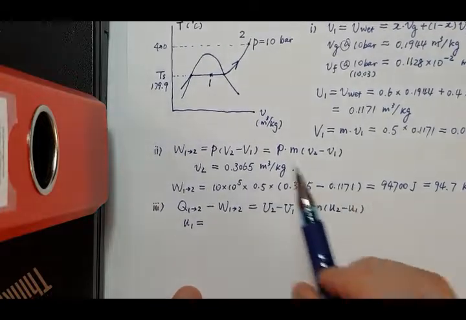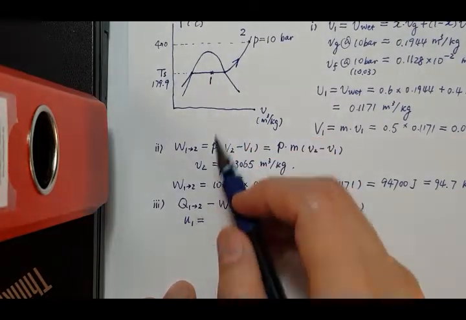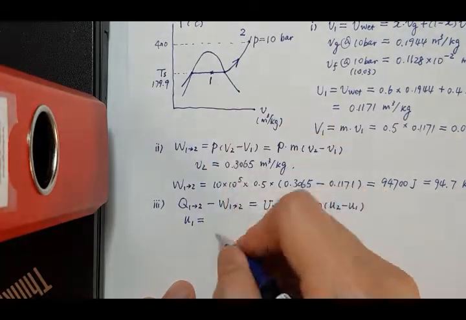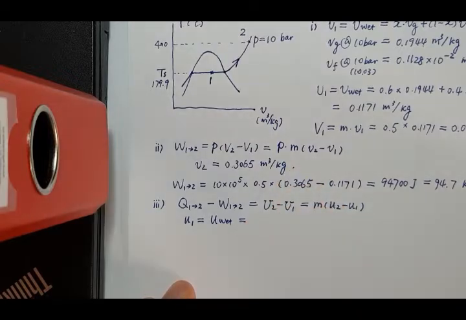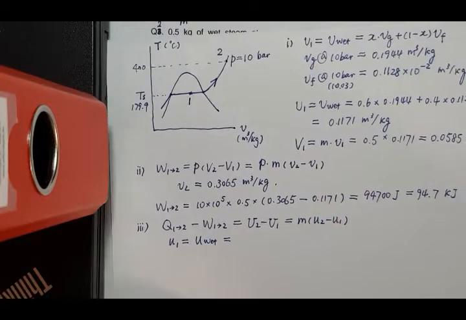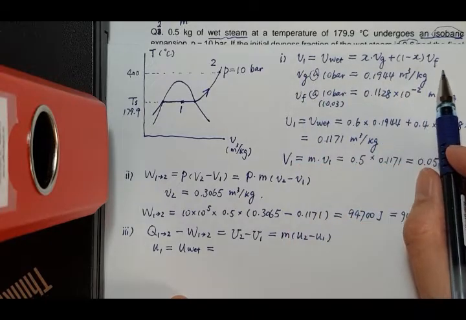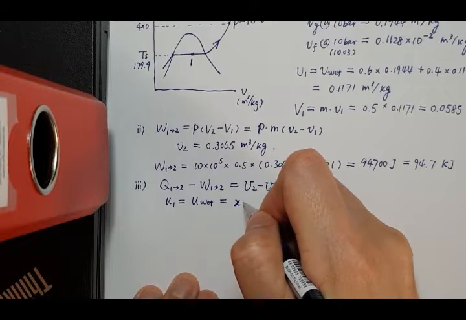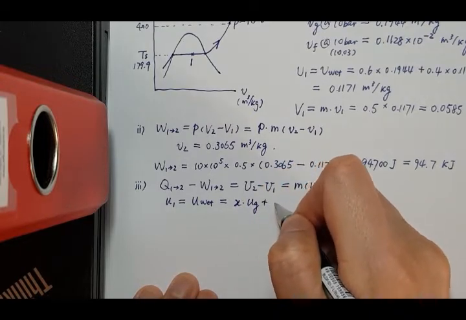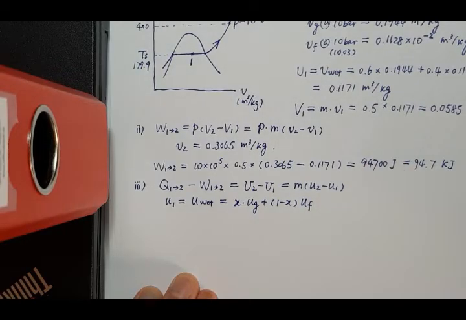u1. So where's 1? 1 is a wet vapor. Because this is a wet vapor, u1 is just equal to u wet. And how to calculate u wet? We have a similar formula as that: x times ug plus (1 minus x) times uf.